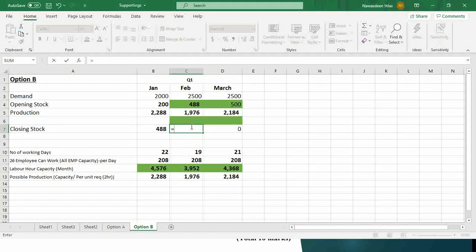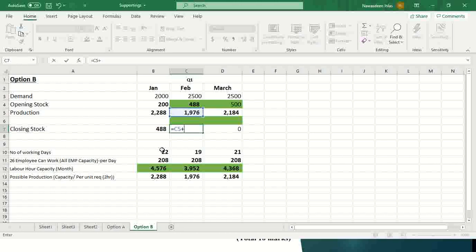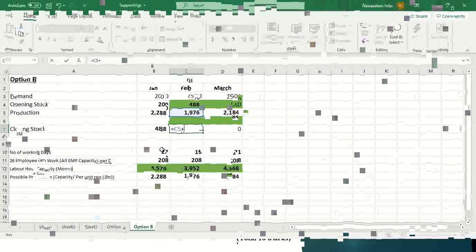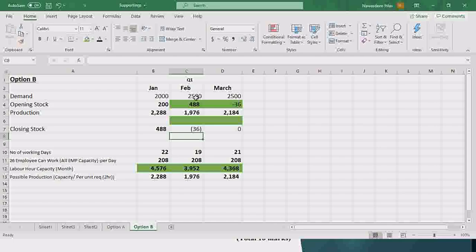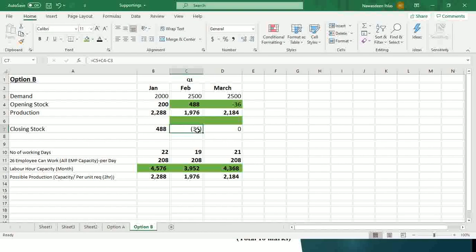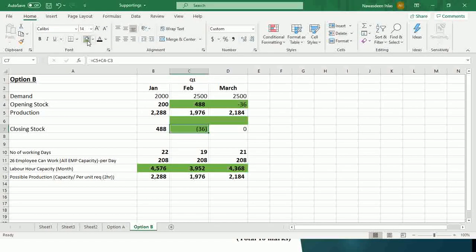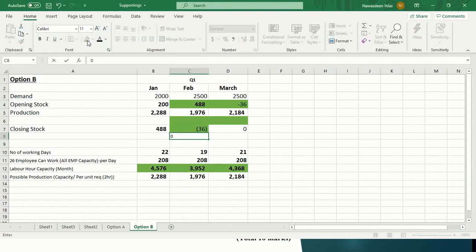Now we will do the same formula for February. Production is 1976, opening stock 488, minus their demand 2500, which means our closing stock will be minus 36. It is not possible. Minus 36 means there will be a stock shortage, so our stock level will be 0.